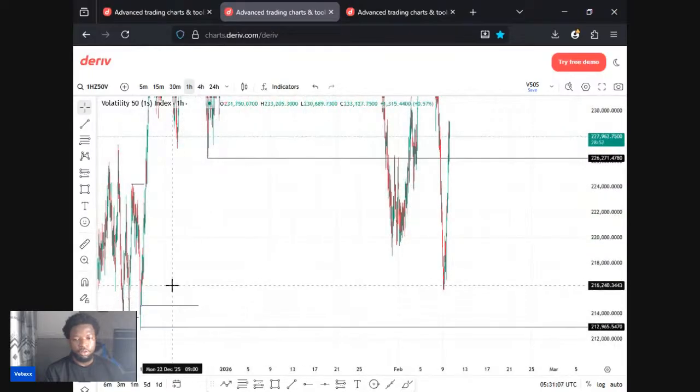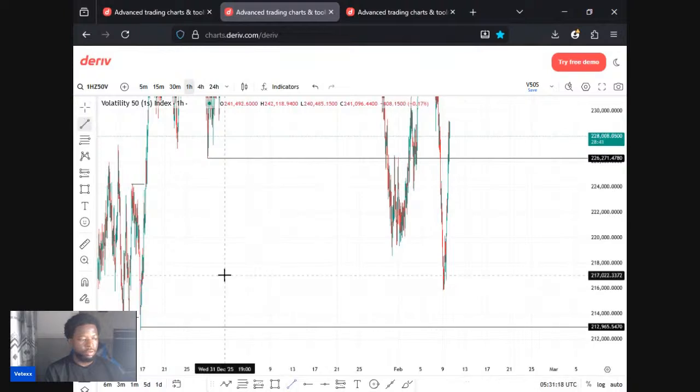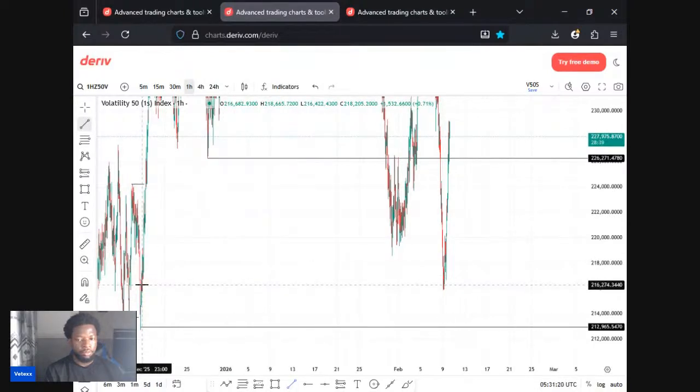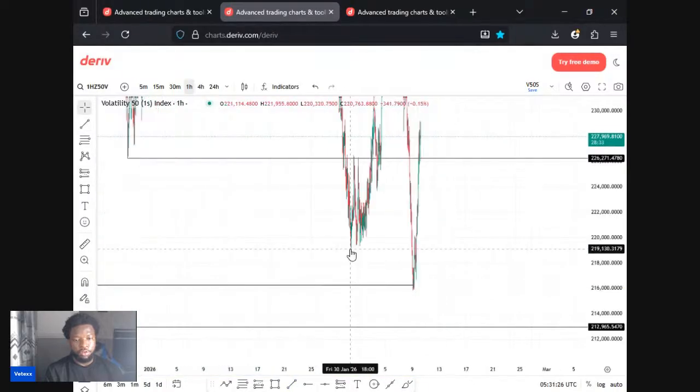No, we can't use this. Okay, there's another sweep we can use from here, which is this. Price giving us a sweep.